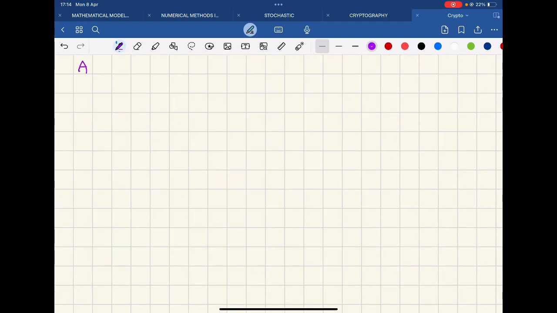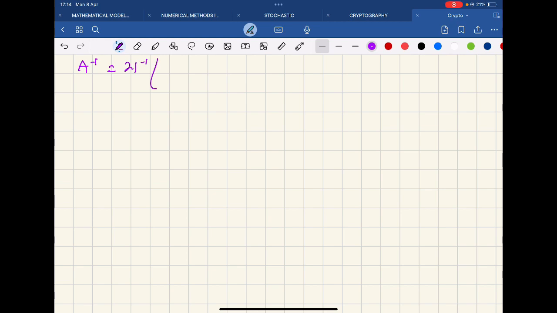We are going to get A inverse is equal to the determinant inverse multiplying our adjoint, which is this, and 21 inverse modulo 26 is equal to 5. Minus 7 modulo 26 is 19.